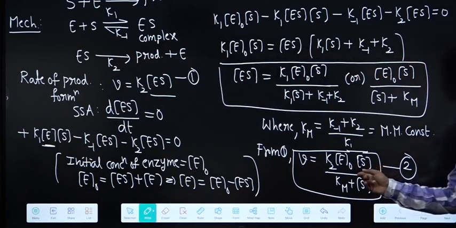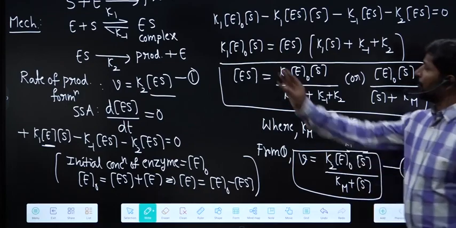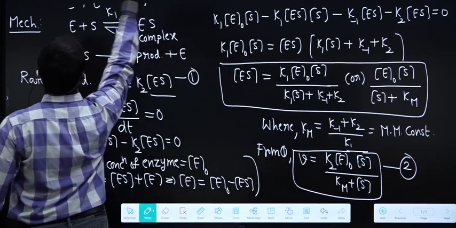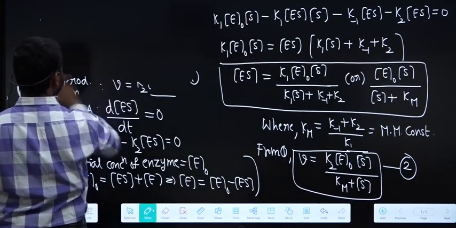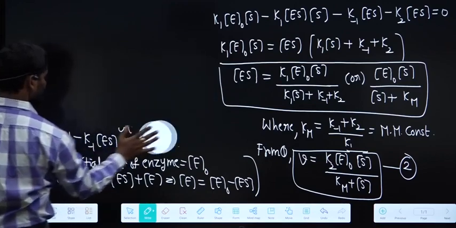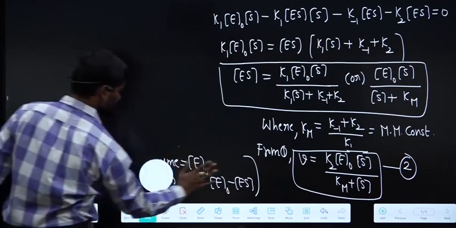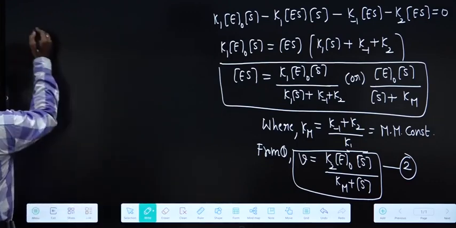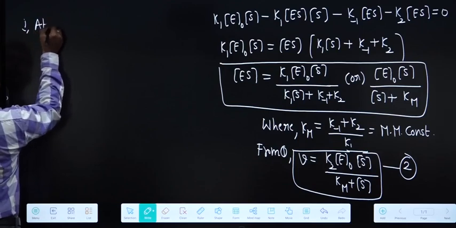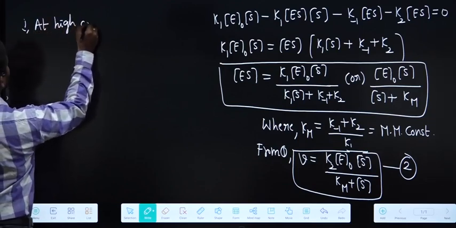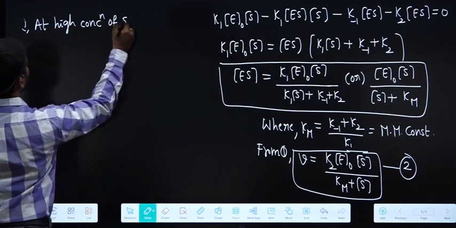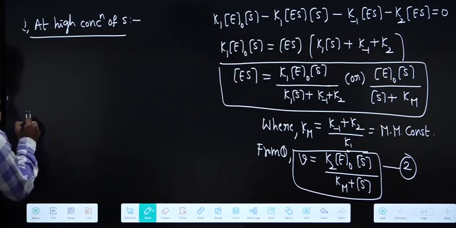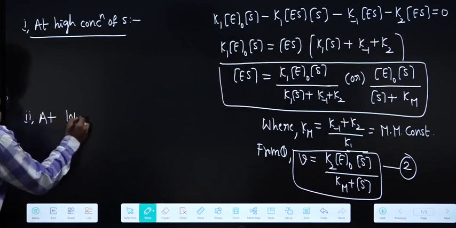You write these two cases: one is at high concentration of substrate, and the second one is at low concentration of substrate.